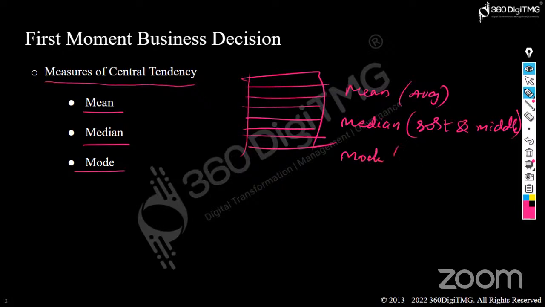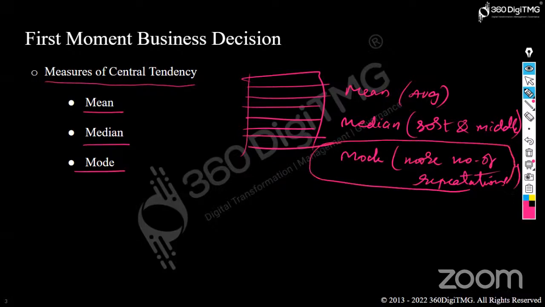Mode is the value with the most repetitions. Okay. In data science, we basically don't use mode. Somewhere in one or two steps we use it, but basically we use the mean and median concepts.